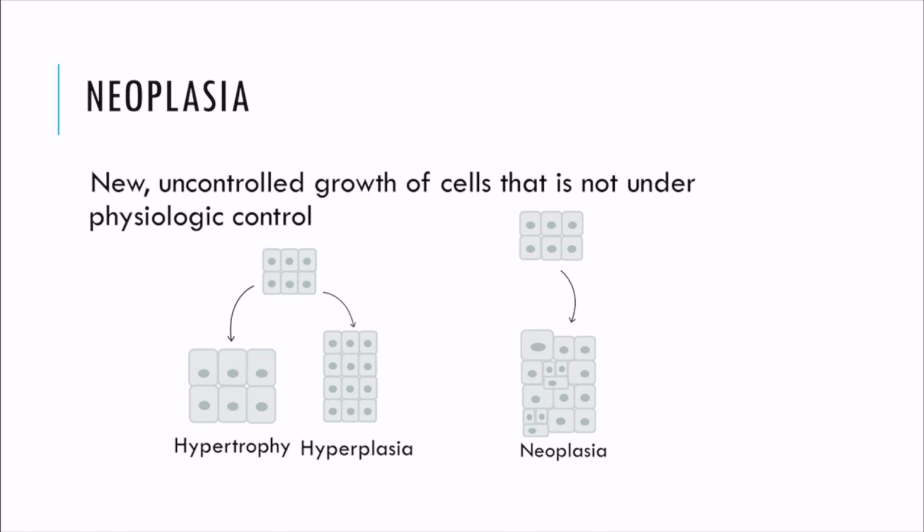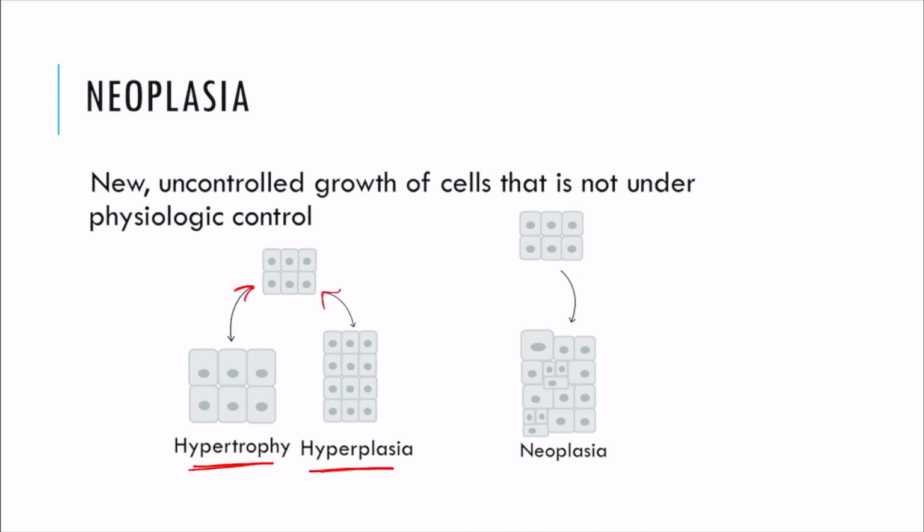We already talked about cell growth in this unit, right? We talked about two adaptive changes to a cell that would fall into the category of growth. Cells can get bigger with cellular hypertrophy. They can increase in number with hyperplasia. And these are adaptive responses that very notably are reversible.